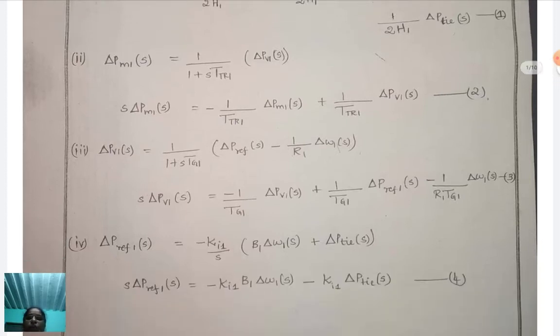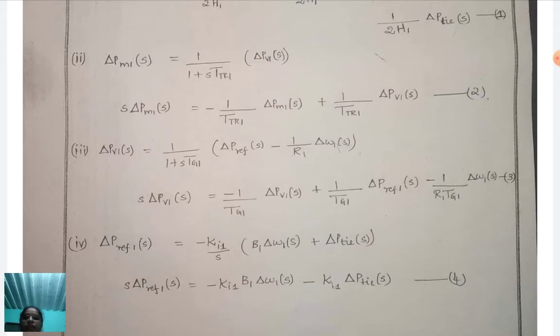Then the fourth equation: del p reference 1 of s equal to minus Ki1 divided by s into B1 del omega 1 of s plus del p tie of s. So this equation gives del p reference from the speed changer, where Ki1 is the integral gain. We already saw the two area system in automatic generation control, but here we apply the state space model.